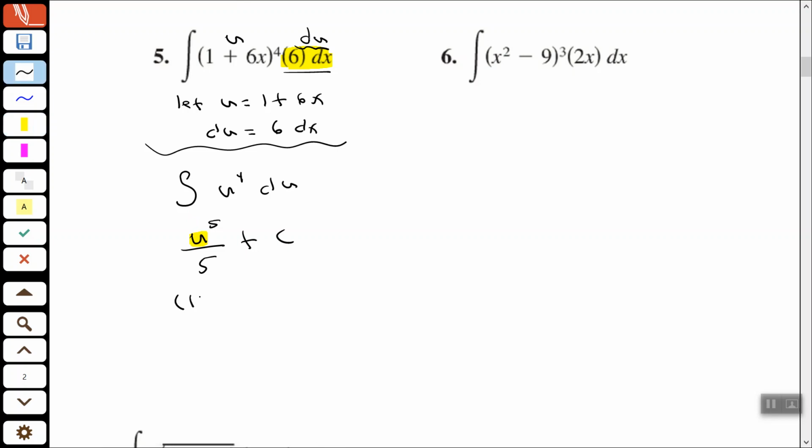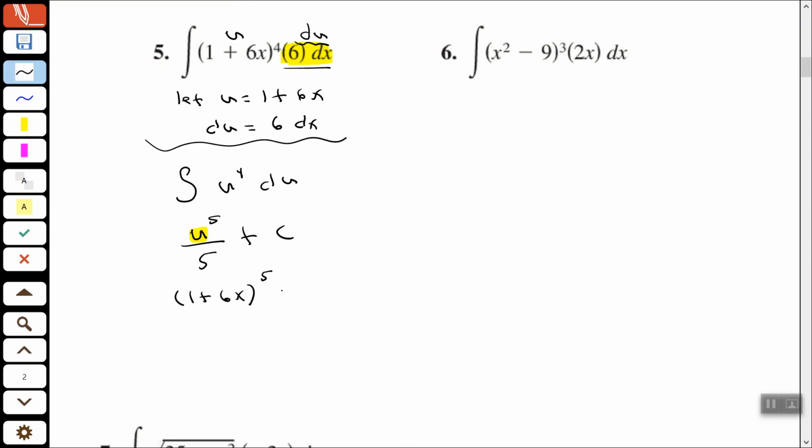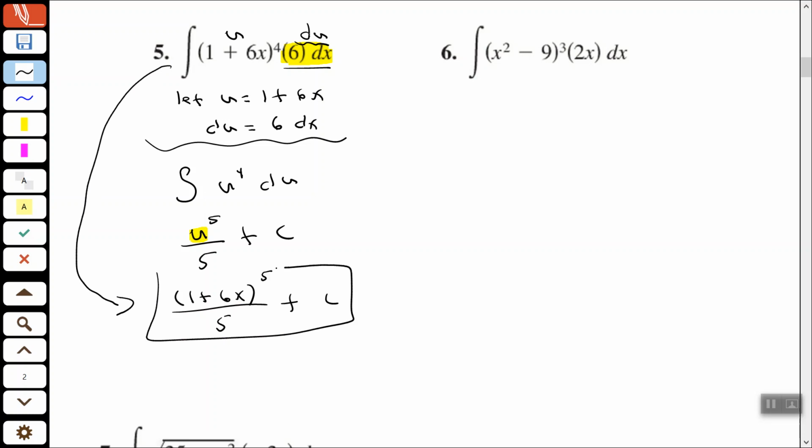So 1 plus 6x to the fifth power all over 5 plus c. So the integral of that original problem is 1 plus 6x to the fifth power all over 5 plus c, or you can write that as 1/5 times 1 plus 6x to the fifth power.